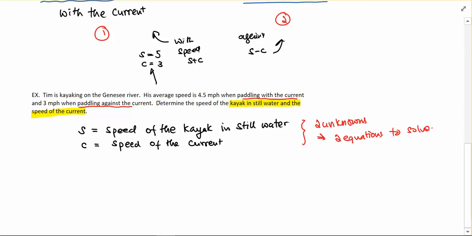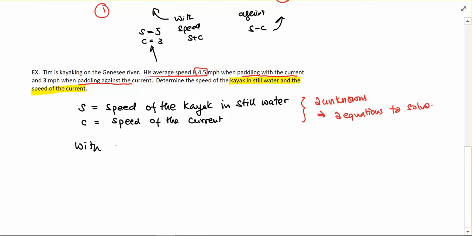Up here it says his average speed is 4.5 miles per hour when paddling with the current. So if he's going with the current, his average speed is S plus C, which is 4.5.